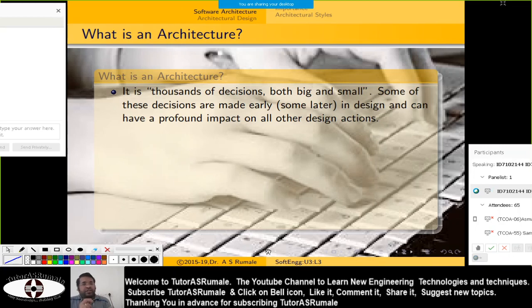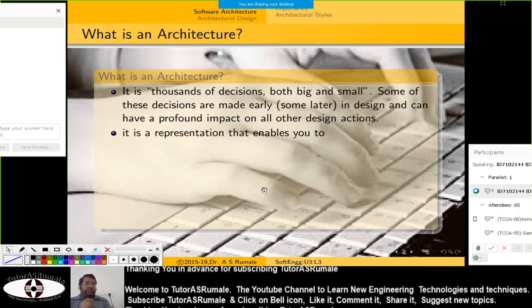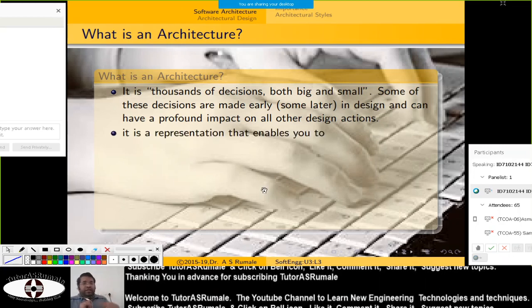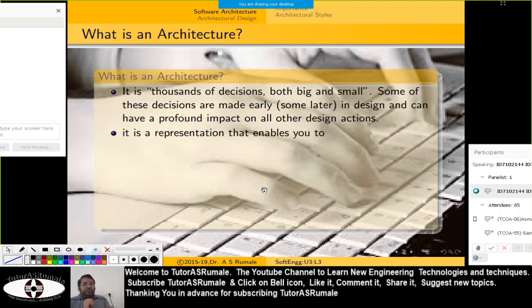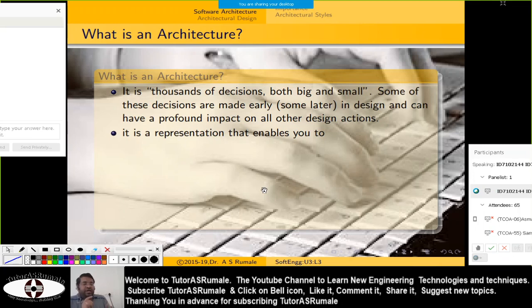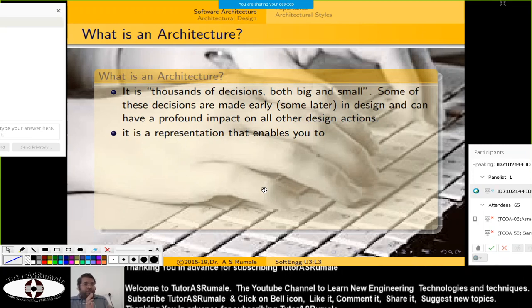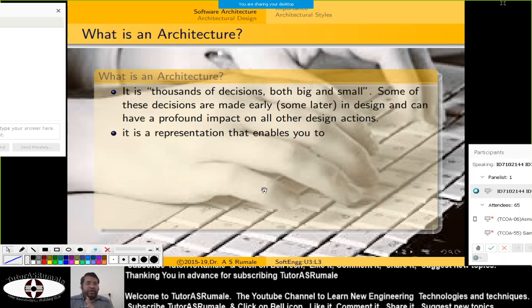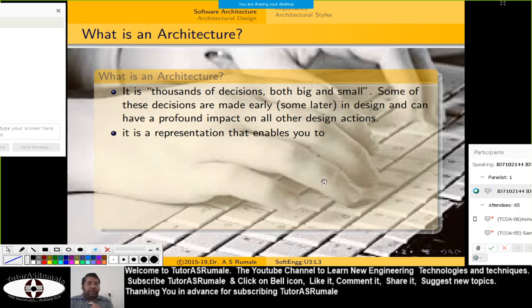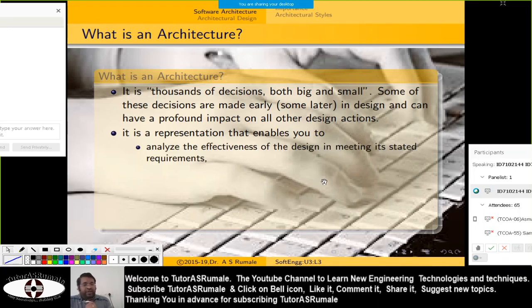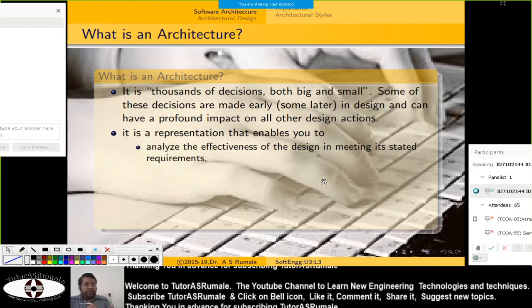So what is an architecture? It's all types of decisions that we make while designing, developing and maintaining our system. It is also a representation that enables us to analyze the effectiveness of the design.